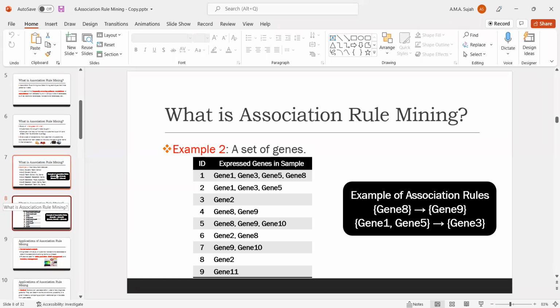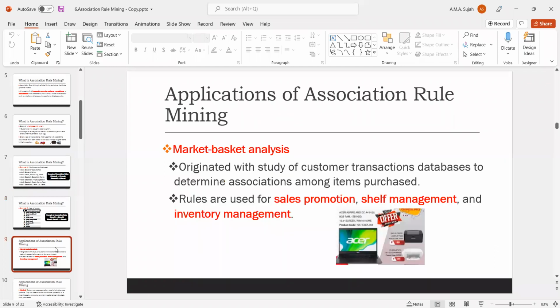These are two examples. We will look at some applications of association rule mining, where we can apply it. One of the important applications is market basket analysis.